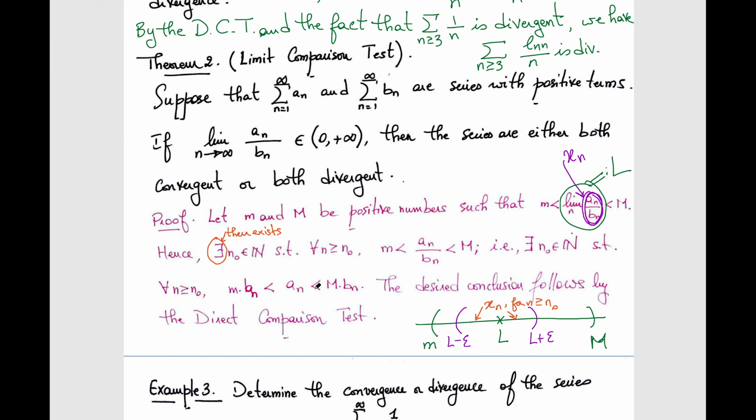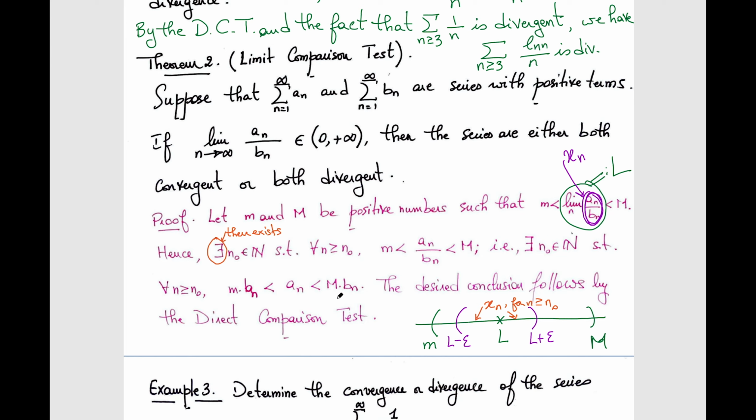Okay. And now we're done, because what we need to show is that the series whose terms are a_n and the series whose terms are b_n are of the same nature, right? Look, if the series whose terms are b_n is convergent, so is the series whose terms are capital M times b_n.